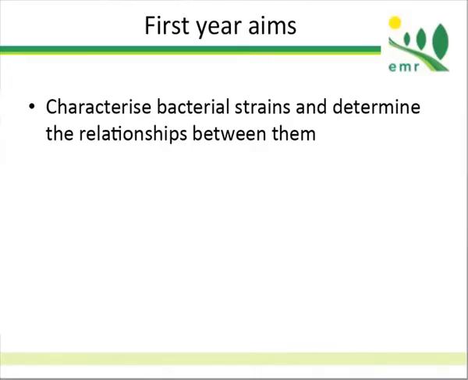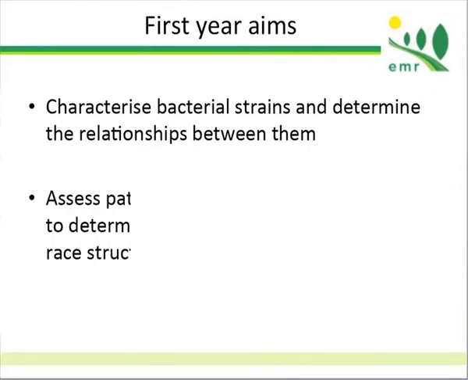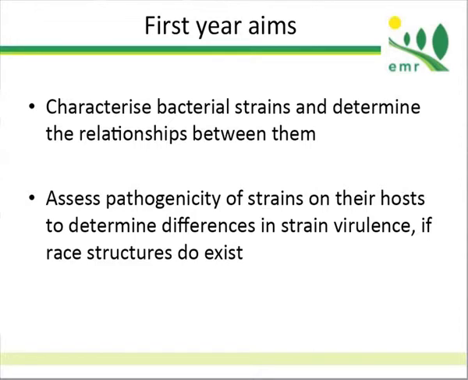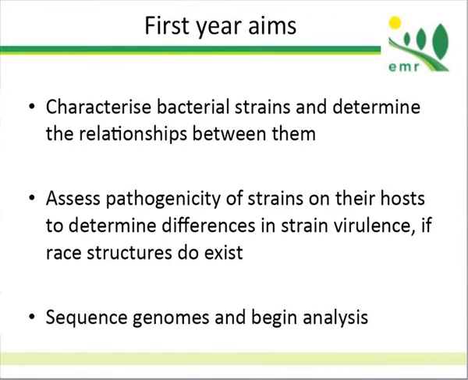So my first two aims are to characterise my bacterial strains and to determine the relationships between them, to assess the pathogenicity of my different strains, to try and find differences in virulence, and also to find if race structures do exist with particular strains causing disease more severely on particular cultivars, and to sequence the genomes and begin the comparative analysis.